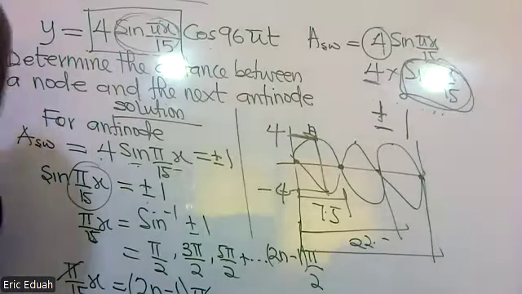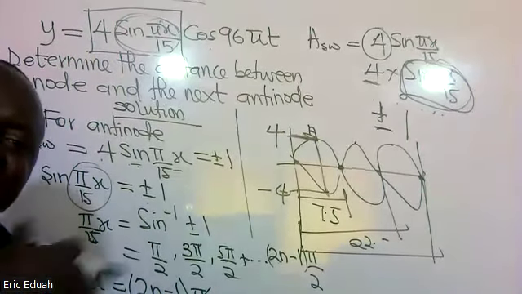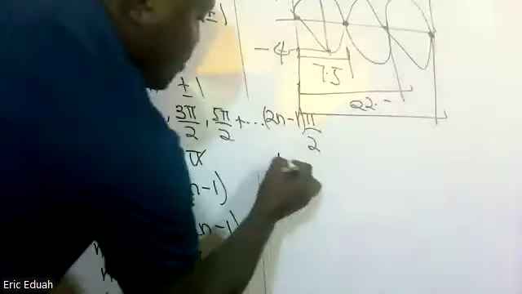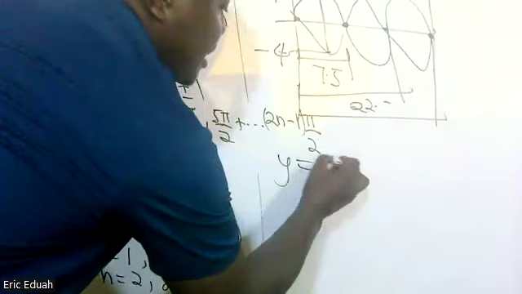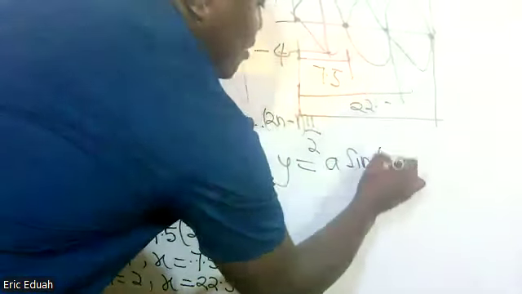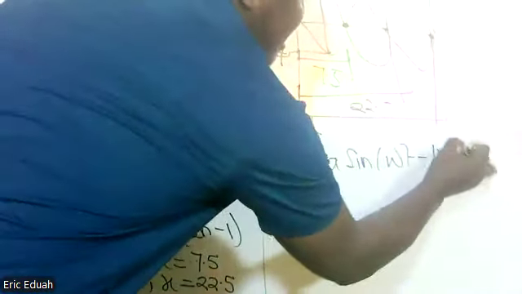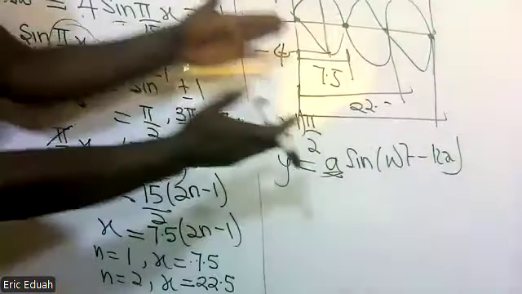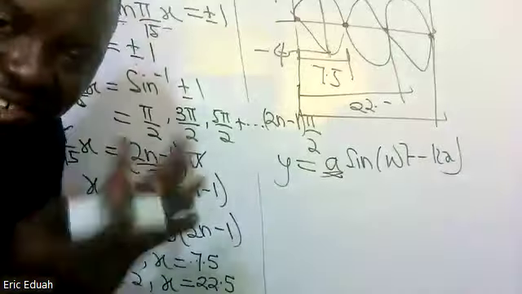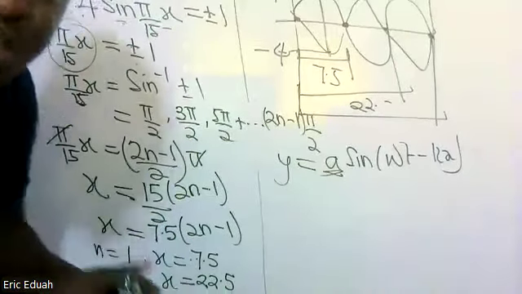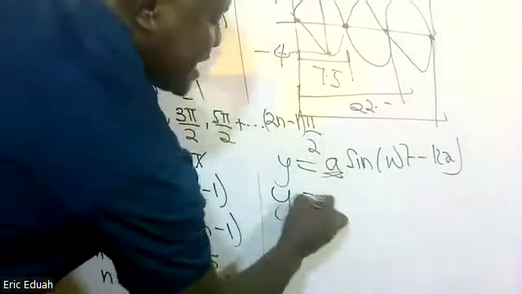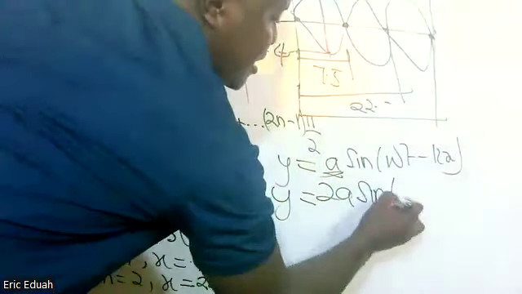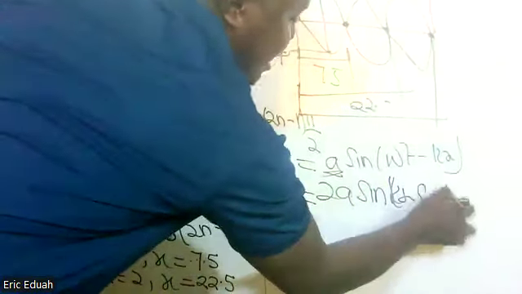The 2a is just a general formula. It is similar to giving you a progressive wave equation, a sine omega t minus kx, and I'm saying here the amplitude is a. So this is the general formula for a progressive wave equation. But for a stationary wave, the general formula is 2a sine kx cos omega t.